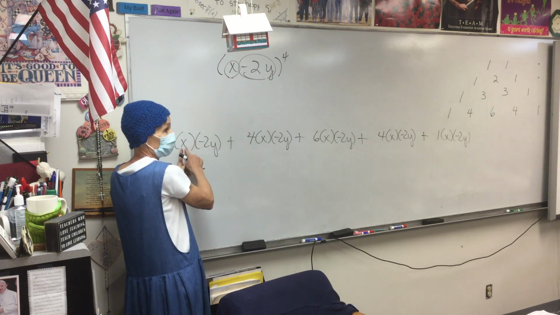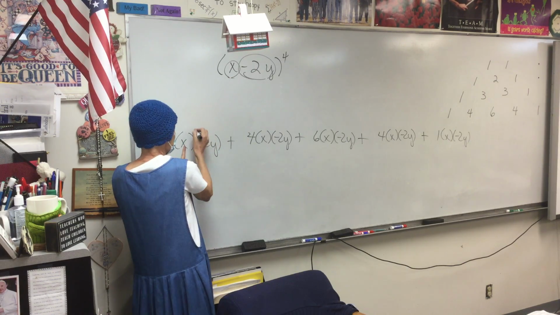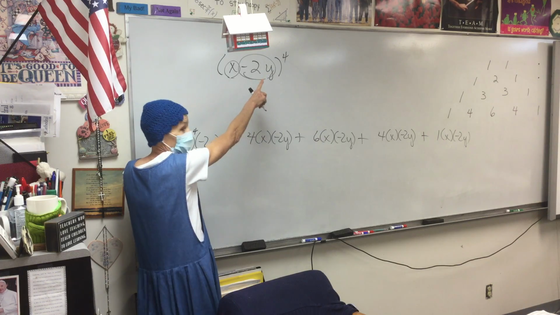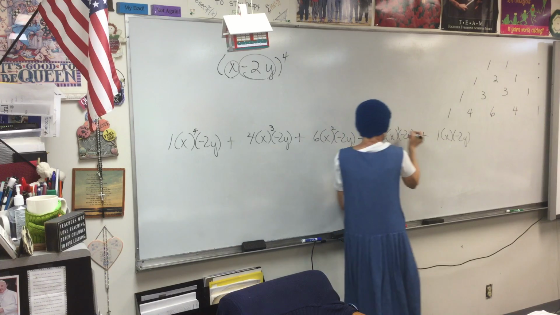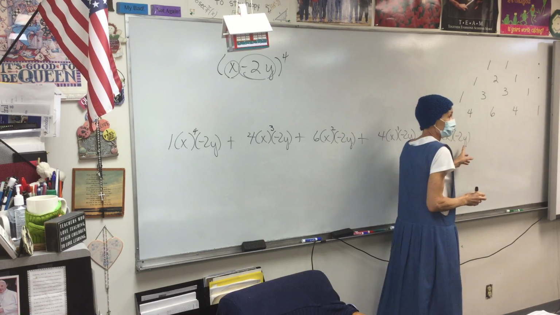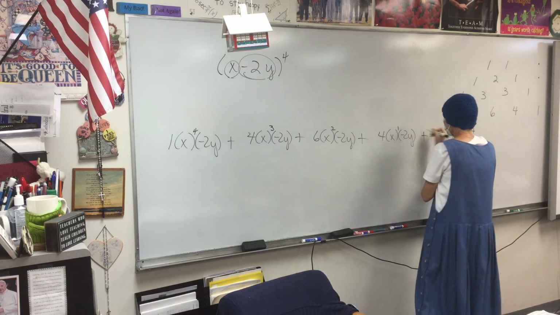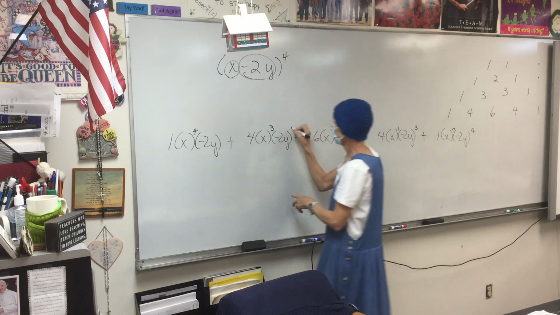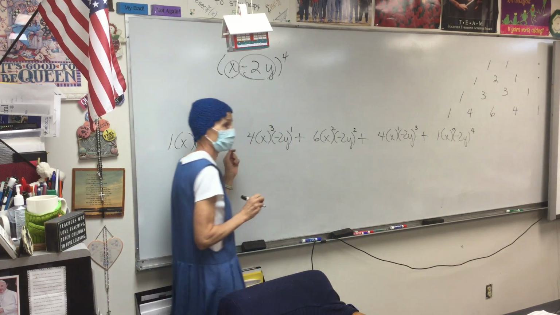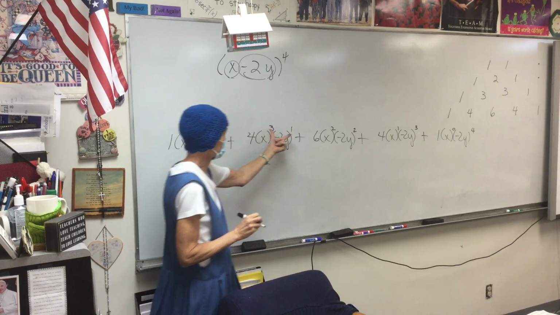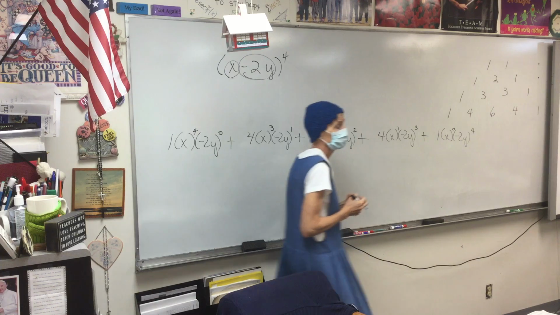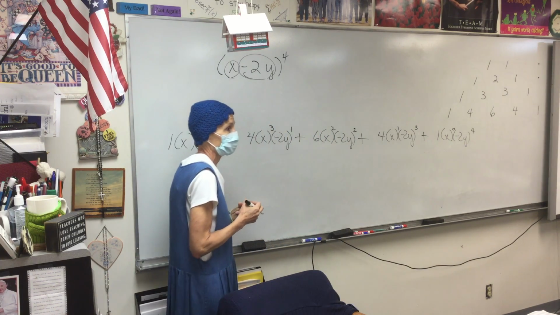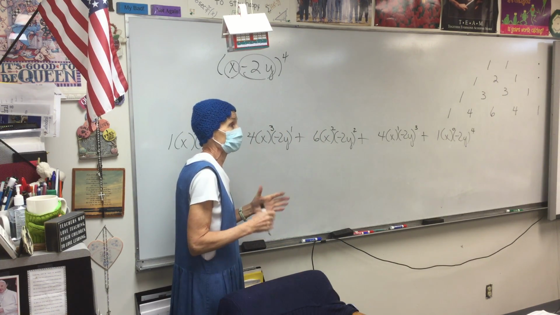Whatever your first letter is, x, it gets a 4, and then the exponent goes down. And the y's go back up, because every term has to have a total exponent of 4. Then you're done except for simplifying.